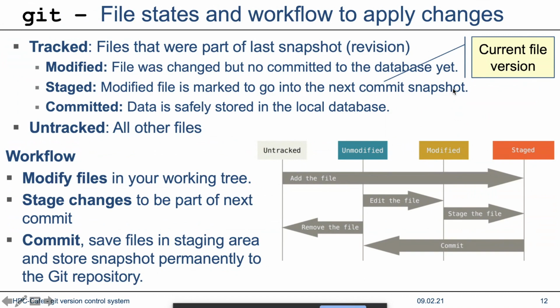And what does it mean? In other revision control systems, modified files are automatically included when you do a commit. In Git, this is not the case. You have to explicitly add modified files to the so-called staging area. You have to stage them to make them part of the next commit.